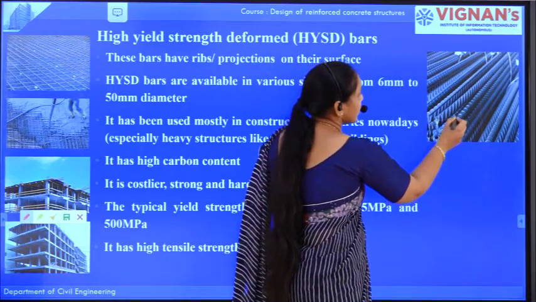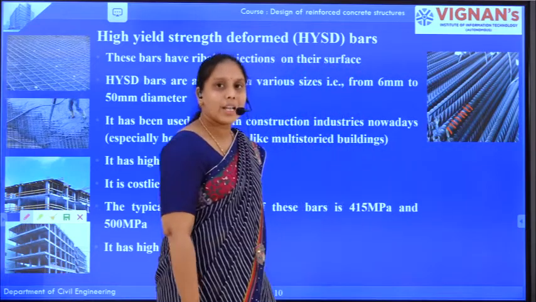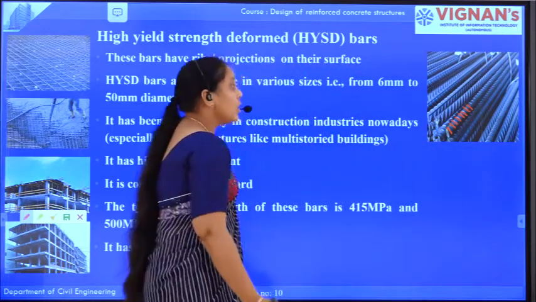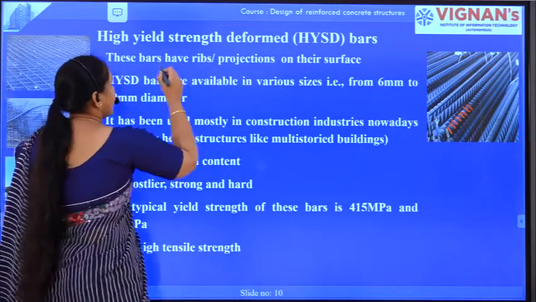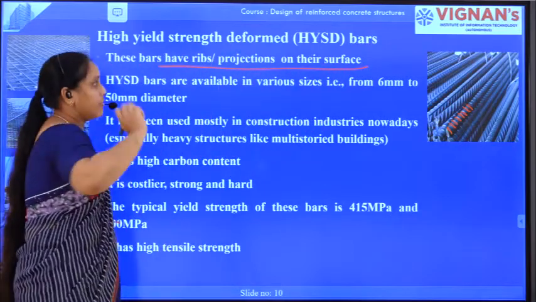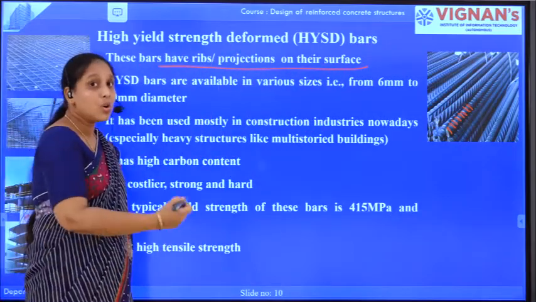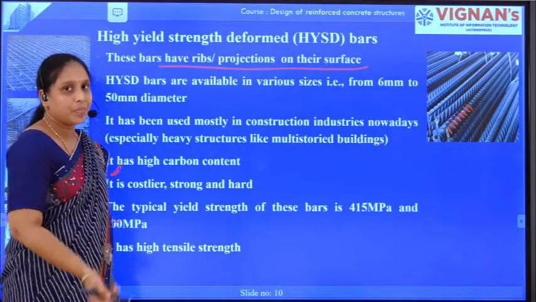If you can see here on the bars, you have projections, which are also called ribs. So HYSD bars have ribs or projections on their surface. Such kinds of bars are called HYSD bars.